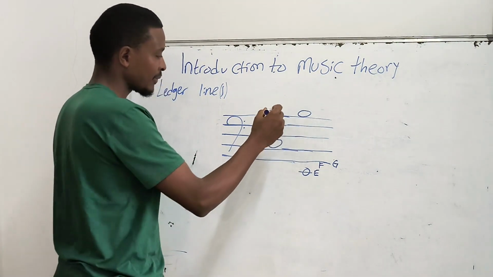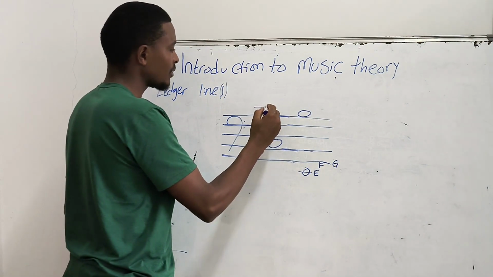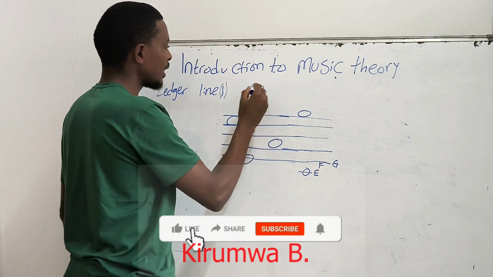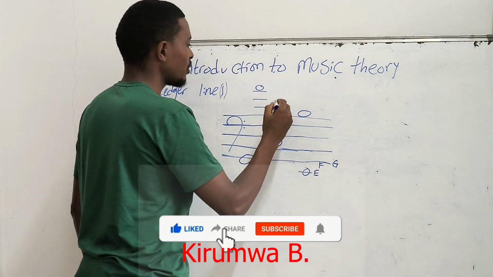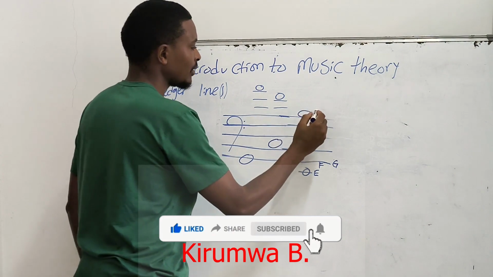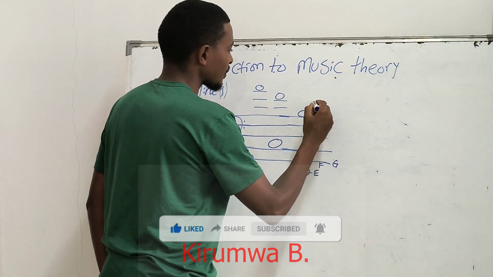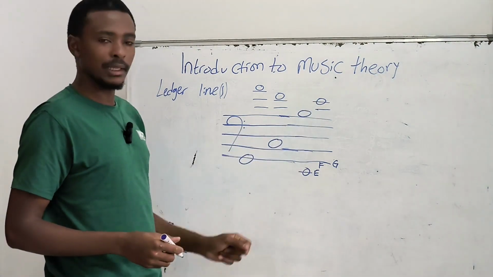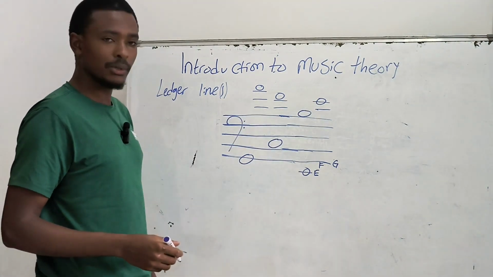If they are above the staff, we could have maybe 2 or 3 lines and have our note either here, or we could have it here, or even on the space, on the line like this. This is how we do the ledger lines.